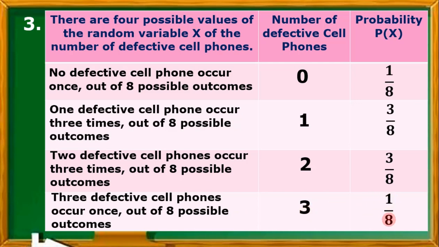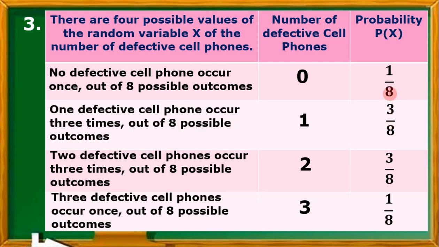Now you will notice that these probabilities here, recall the 2 properties that we discussed earlier. The first one is that all the probabilities are fractions between 0 and 1, or they could be equal to 0 or equal to 1, and between those numbers, it could be either decimal or fraction.